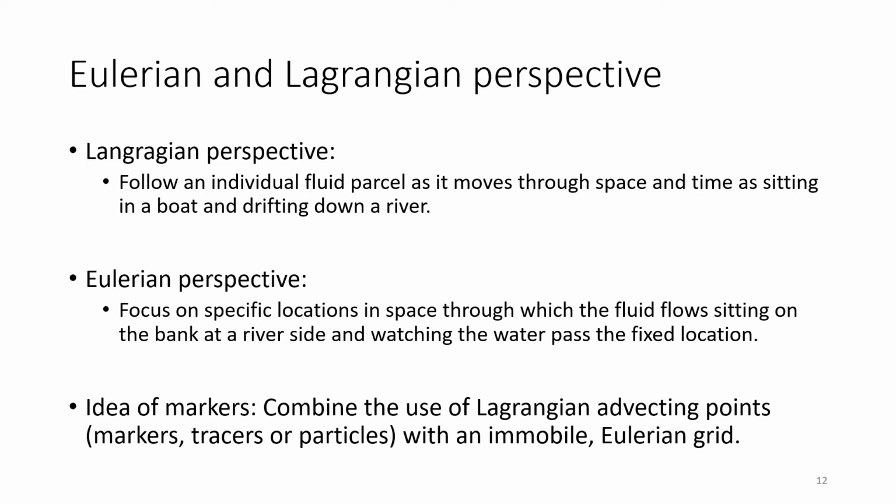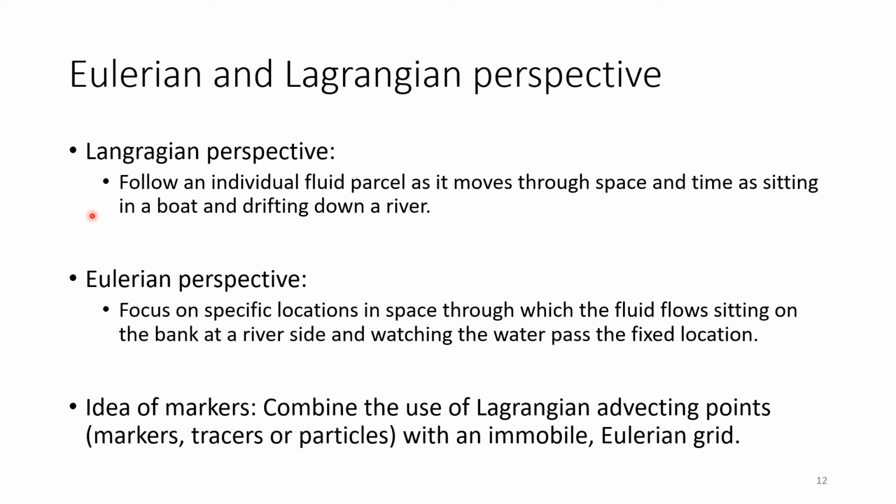What we have done so far is the Eulerian perspective. All right, so you're considering it like you're sitting on the bank of the river and you're watching the water passing by. So you have a position outside of the system. You're sitting on the side and you have everything static moving around you.